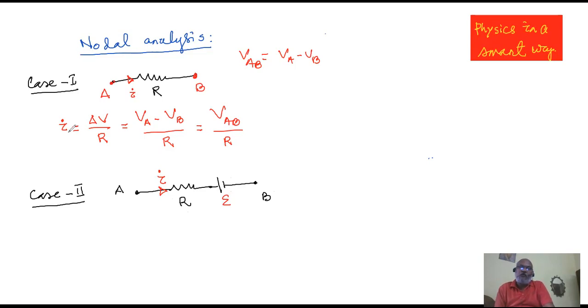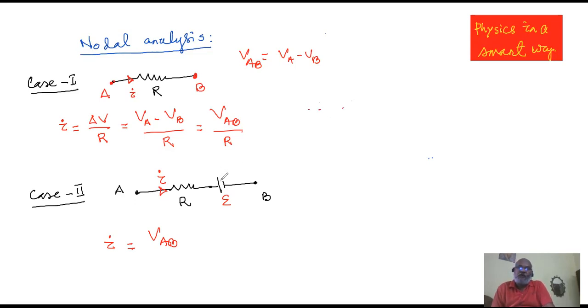Again, you are asked to use Ohm's law to find the current, or to write the expression for the current. So we start writing the current. I will be equal to, you know, the current in a particular branch always depends upon the end potential difference, so that must depend upon VAB. But at the same time, another mischief maker is coming in, that is the battery.